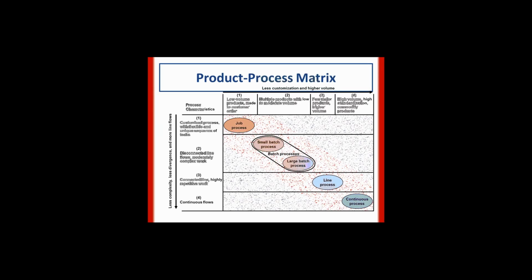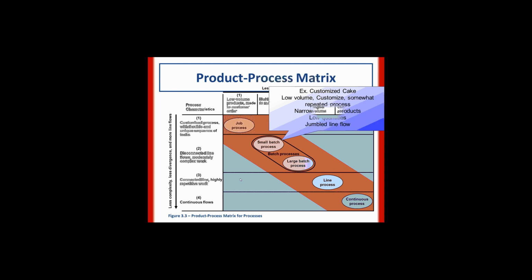Small batch, on the other hand, is a process that have low volume, customized and somewhat repeated process, and low line flow. The example can be a customized cake, like a birthday cake.